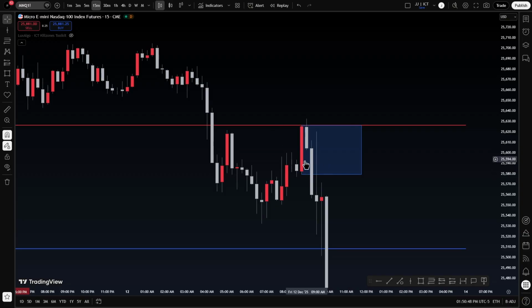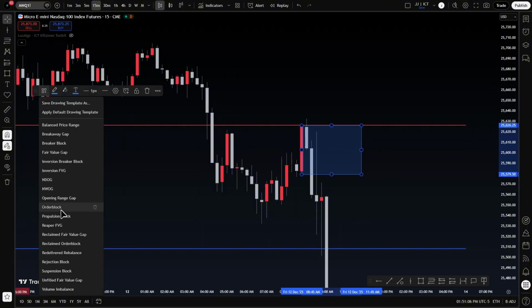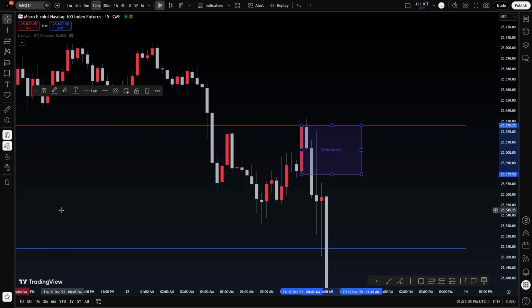Whatever PD array it is, whatever the latest one is, because you're going to learn more in the future, it can be a breaker, order block, mitigation block, anything. When I say latest PD array, I mean any latest PD array, not just the order block. But in this case, the latest one would be the order block. So it'll be a high probability order block because we are validating a higher time frame PD array before it's even activated.